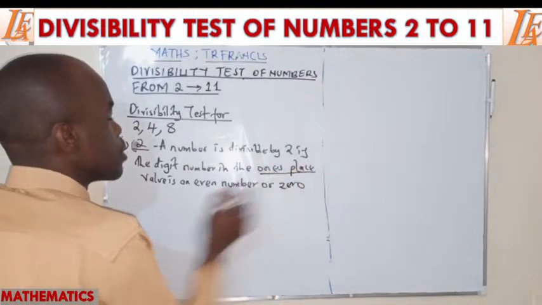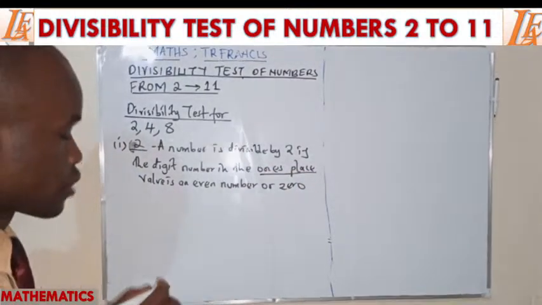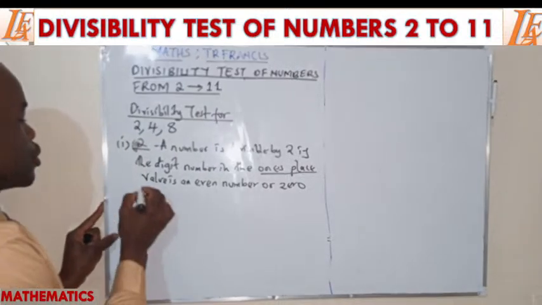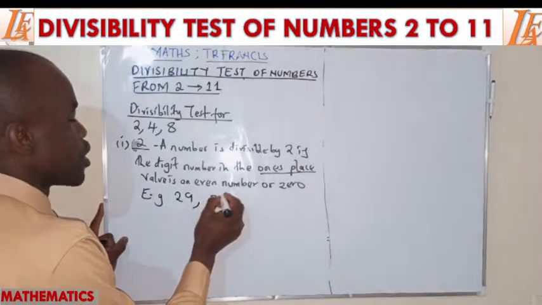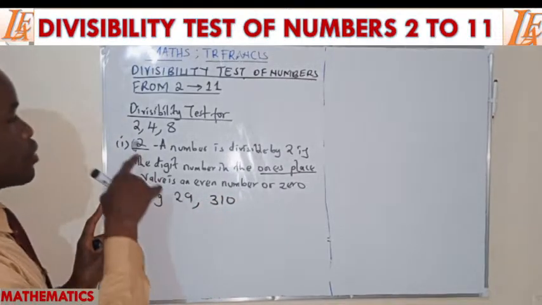So we look at the ones place value for the divisibility test for 2. For example, 29 and 310.